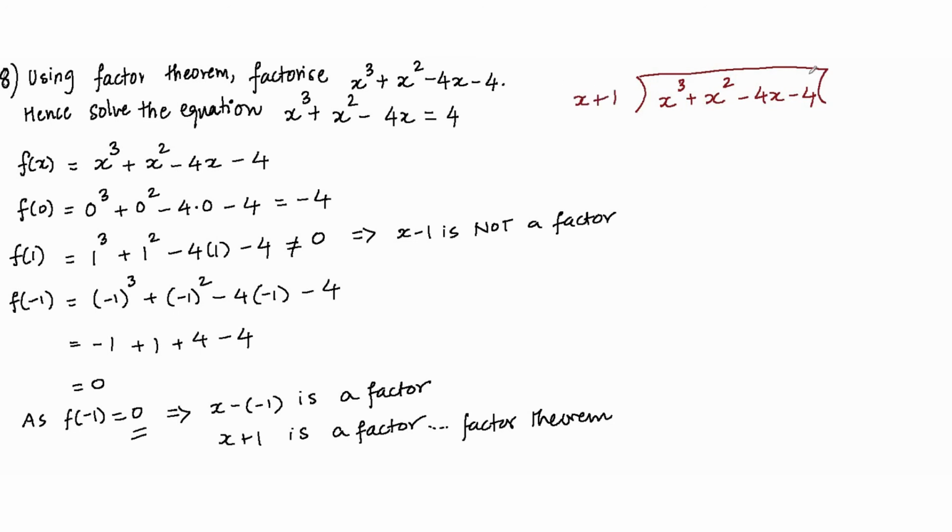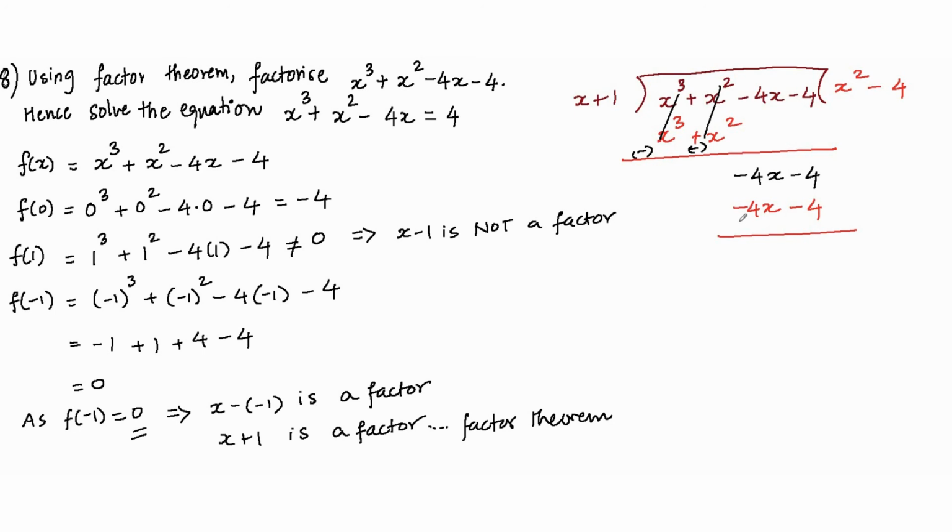Now let's find the quotient. So x into x square gives me x cube, and 1 into x square gives me x square, and then I subtract. So when I subtract, x cube minus x cube cancels, x square minus x square also cancels. So I get minus 4x minus 4, and then x multiplied by minus 4 gives me minus 4x, and 1 multiplied by minus 4 gives me minus 4.